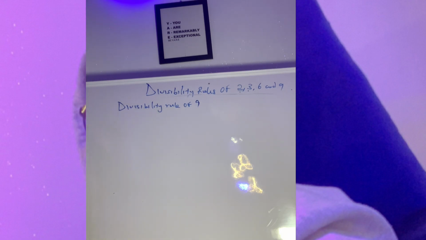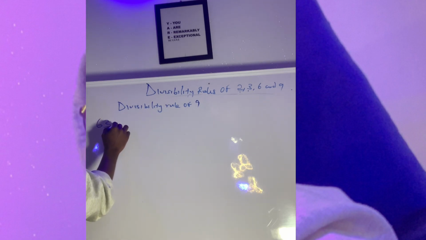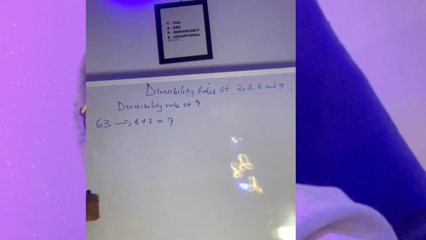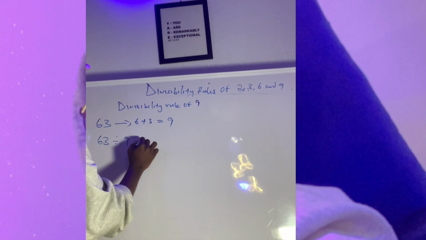For example, if I have 63 and I sum the digits, not sum the number, sum the digits rather, the sum must be a number that 9 can divide. So 6 plus 3 will give me 9. So that tells me that 63 can be divided by 9. So 63 divided by 9 gives me 7.